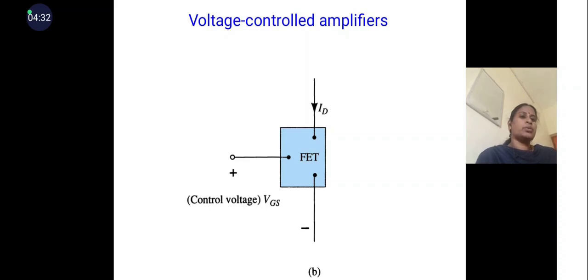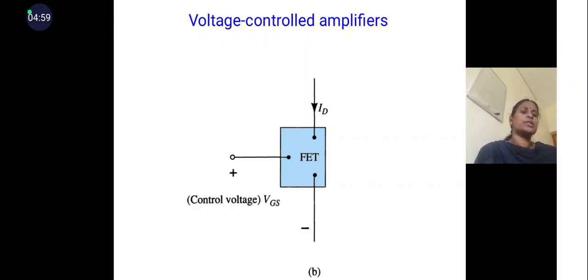And voltage controlled amplifiers. We all know what is meant by amplifier: the output voltage or current will be more than the input voltage or current. That is, the output value will be more than the input value, then it is said to be an amplifier. So voltage controlled amplifier means the amplifier which uses voltage controlled devices.